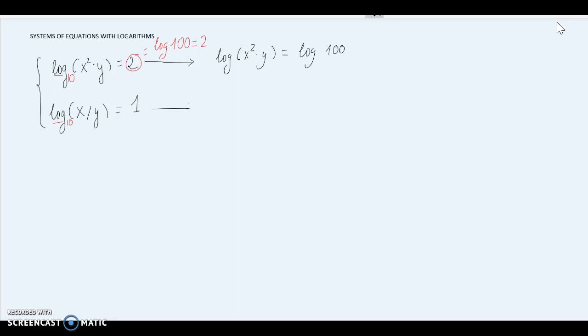I will do exactly the same in the second equation. So log of x over y equals 1. I must transform this number into a logarithm. The logarithm of 10 is 1, so I'm going to use log of 10.